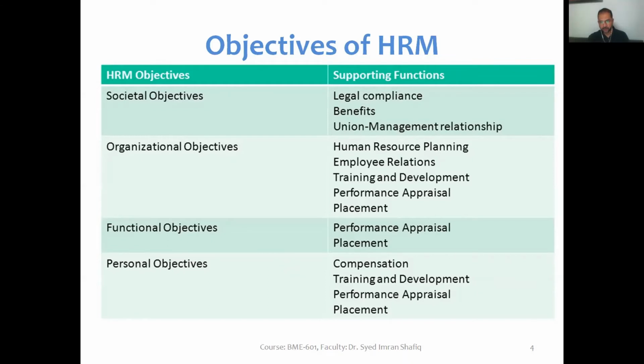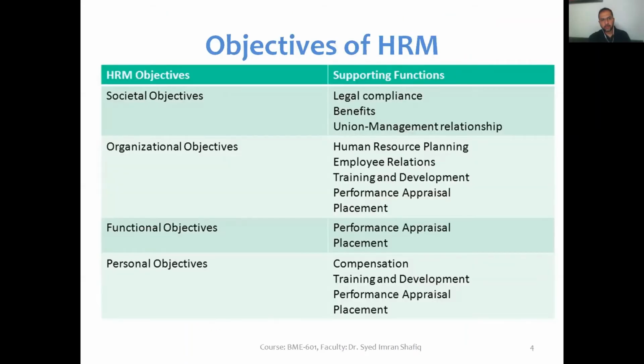Training and development, performance appraisal, and placement we have already discussed. So these are the main objectives. In a nutshell, we can say it is one of the most important department of any organization, because human resource management is one of the most complex thing to maintain and to perform.